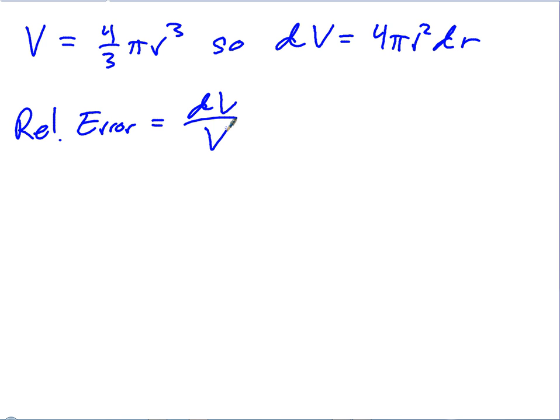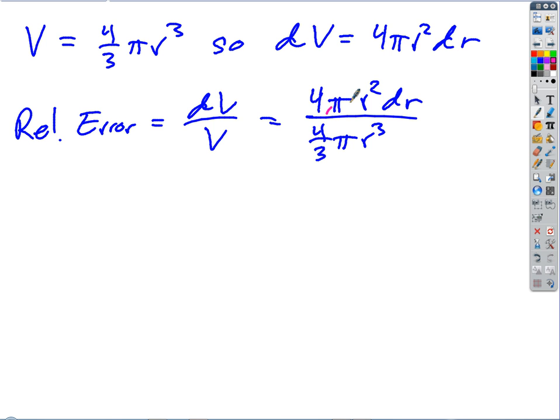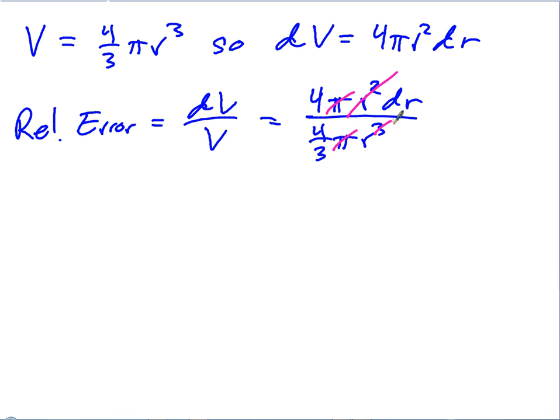Why not do some algebraic cancellation here, some simplification? Why not write this as 4 pi r squared dr over 4/3 pi r cubed? A lot of cancellation there, right? Look at this. The pi's go away. I can cancel all but one r. And 4 divided by 4/3 is what? 3. Yeah.